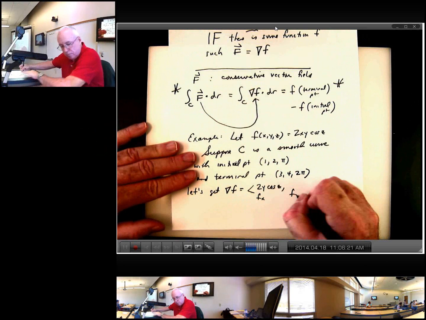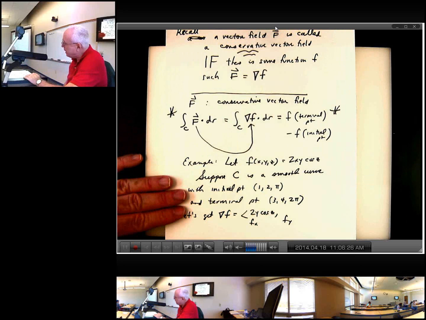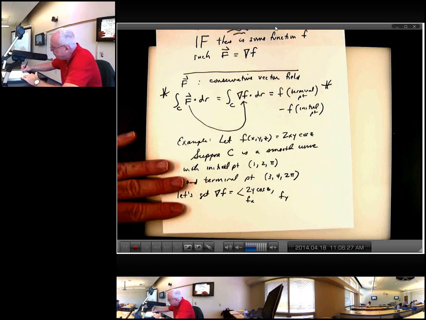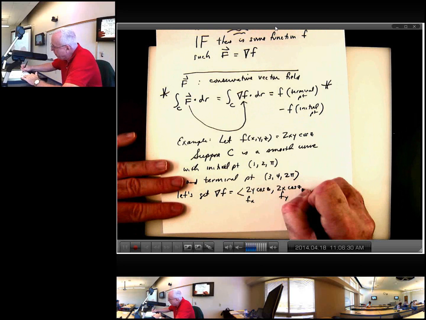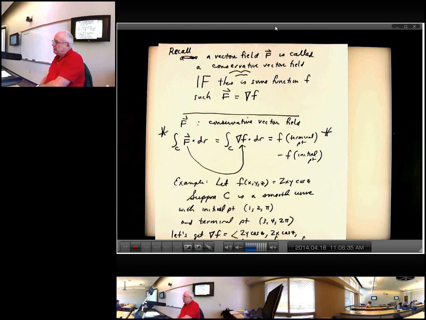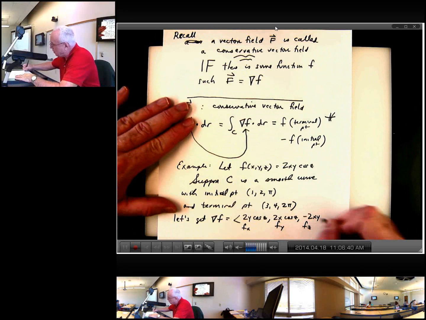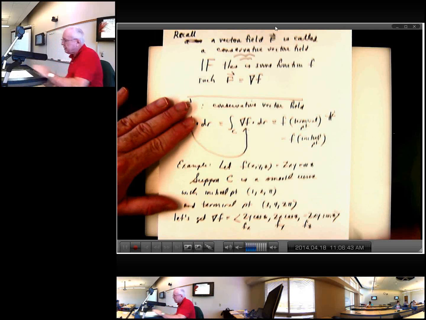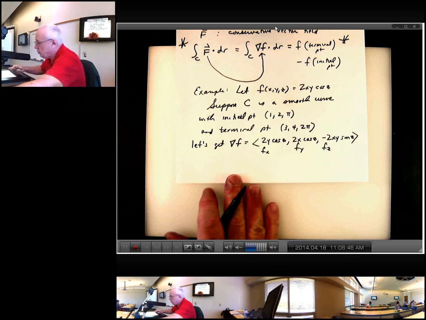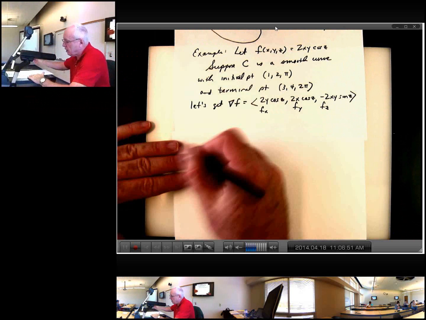And then fy is going to be 2x cosine of z. And then fz, the derivative of the cosine is the negative sine, so I'm going to get minus 2xy sine of z. So that's my gradient.